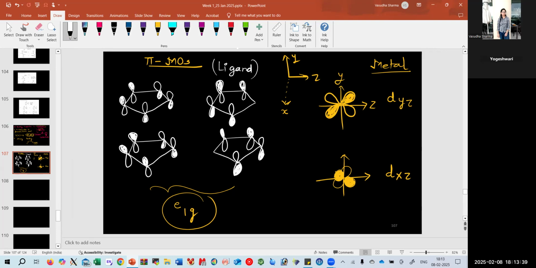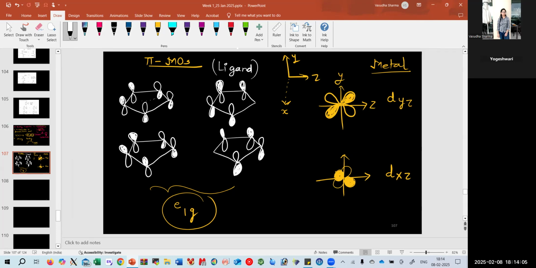Now we have another g, meaning that it has a center of symmetry. If I go from the center in this direction and this direction, the lobes are the same. It can create the same lobe if it is passing through the center of symmetry. That's where g has been used.